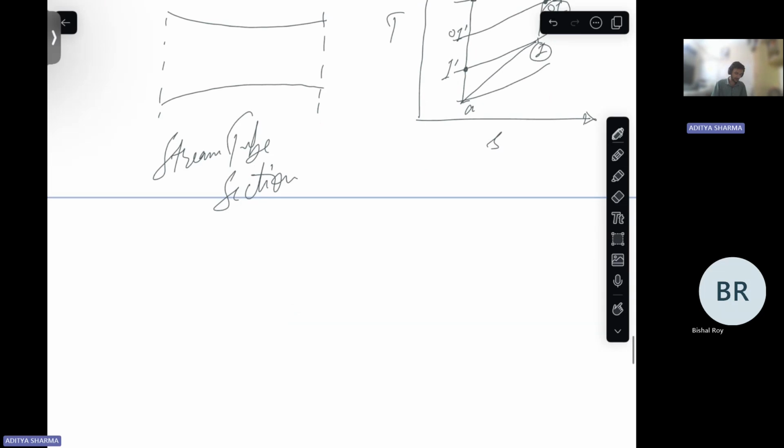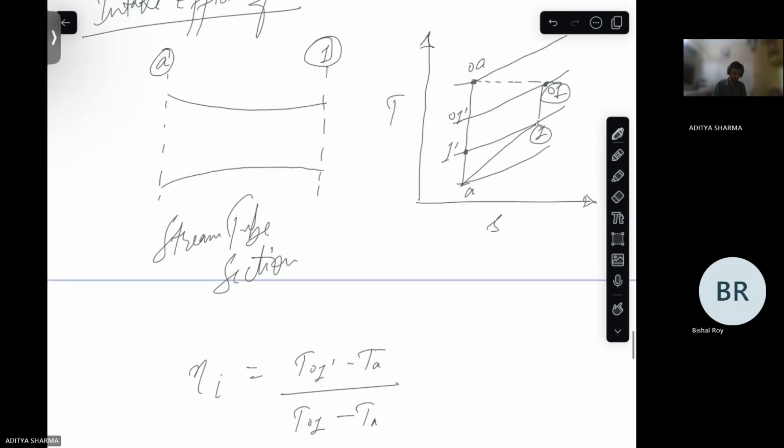And if you have to define the isentropic efficiency, eta i, how do you define it? Based on the temperatures: T naught 1 dash minus T A. T A is this position.